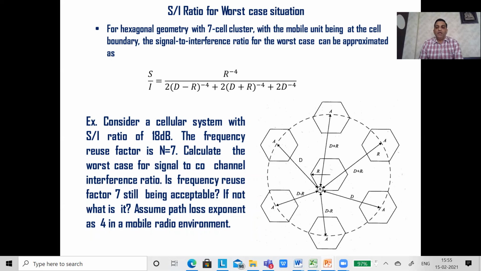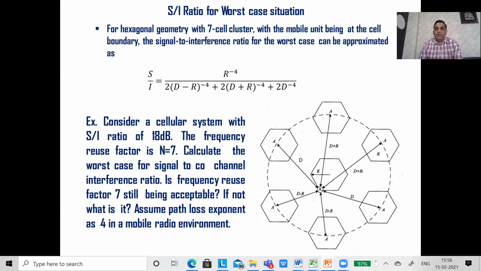So first of all, let us see what this worst case situation is. In the worst case situation, if the mobile unit is located on the boundary of the cell, then calculating the distance from that mobile unit to the co-channel cells, and a calculation related to S by I ratio for such a situation, is called the worst case situation.